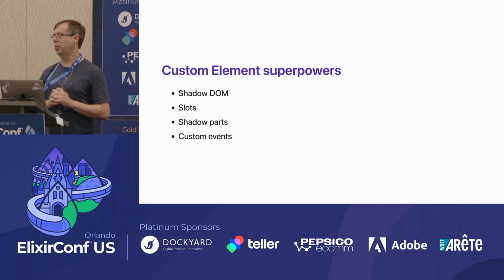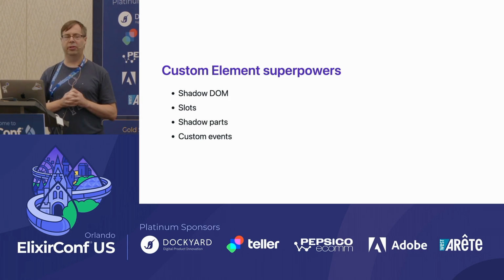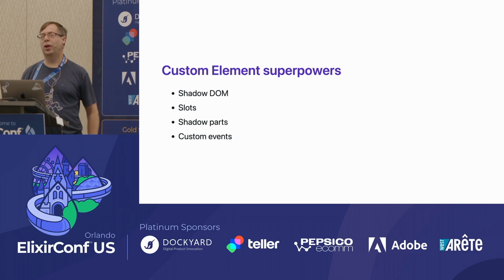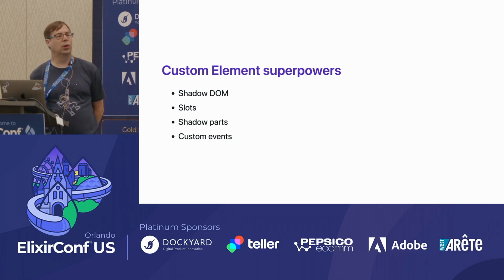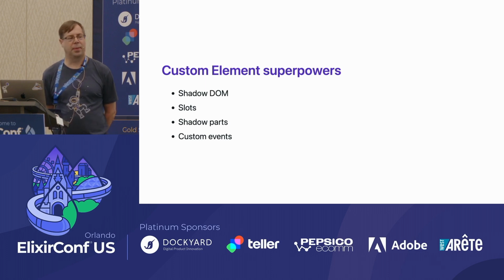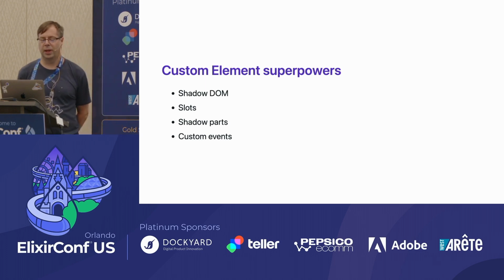And then custom events, which we're going to be talking about a little bit here. You have the ability to make up your own DOM events and give them the payload that's specific for your app. And that's a feature that we're going to make use of as we go on in this talk.